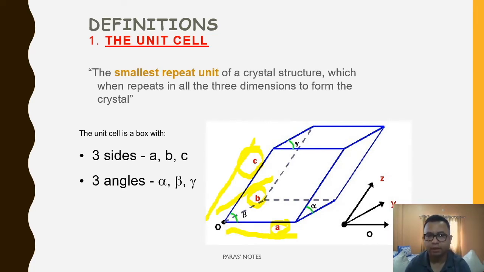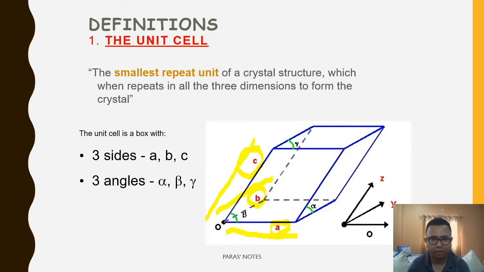Now you can see this line as well as this line, these are what we call the edges of the unit cell. There are different edges, and between two different edges they make an angle with each other. Now how do they make an angle?